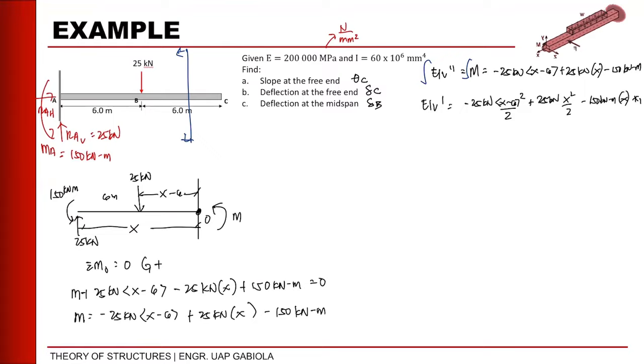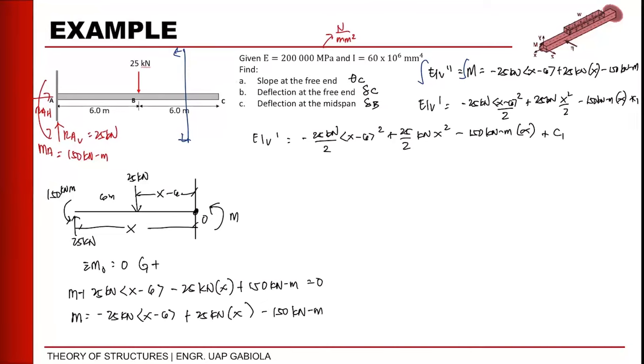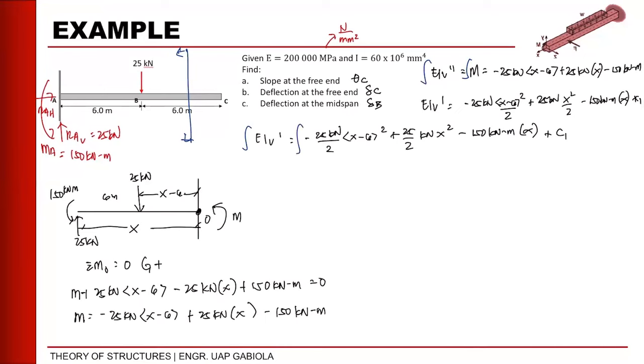Okay? Simplify natin. So, EI V prime, that is negative 25 kilonewton over 2 X minus 6 squared plus 25 over 2 kilonewton X squared minus 150 kilonewton meter X plus C1. Okay? Then, integrate natin. Split.